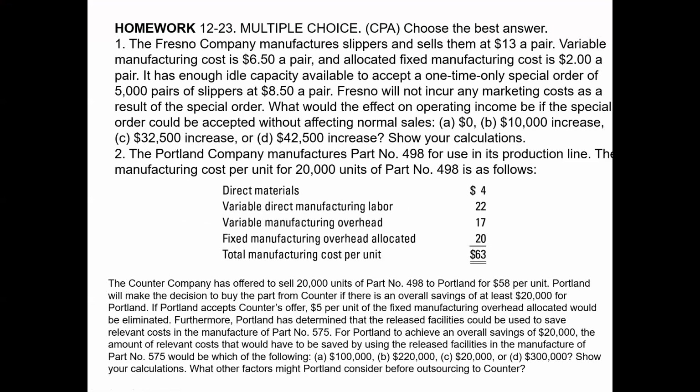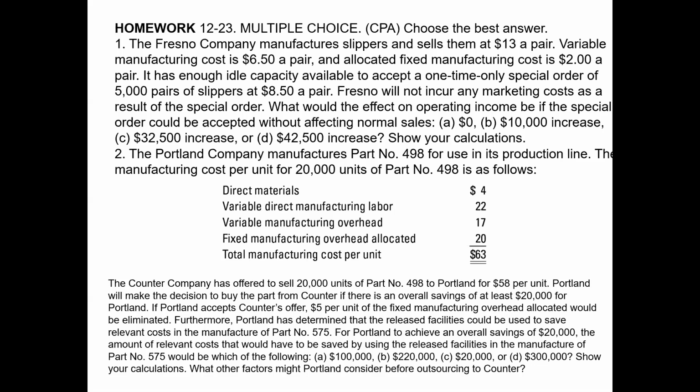end up doing. Okay, so here again, we have a company that manufactures slippers and sells them normally for $13 a pair. They have variable manufacturing cost of $6.50 a pair and allocated fixed manufacturing cost of $2 a pair.